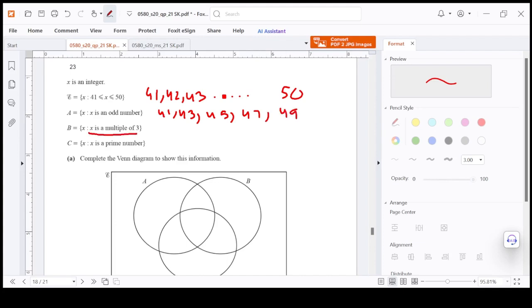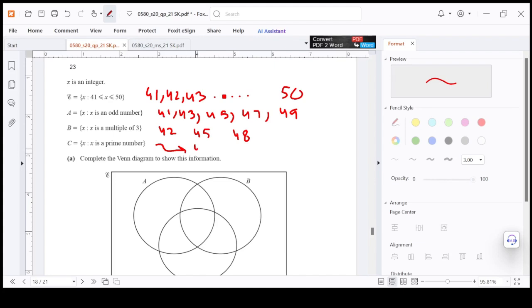And X is a multiple of 3. Multiples of 3 in this region would be 42, 45, and 48.